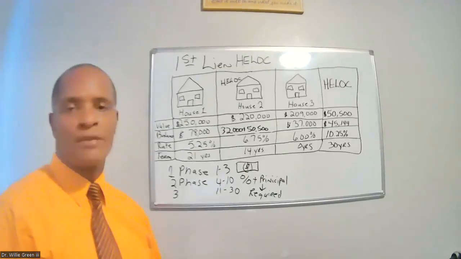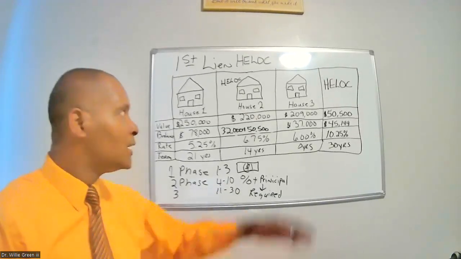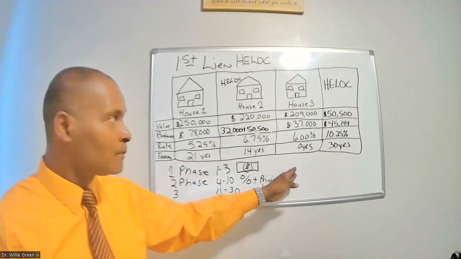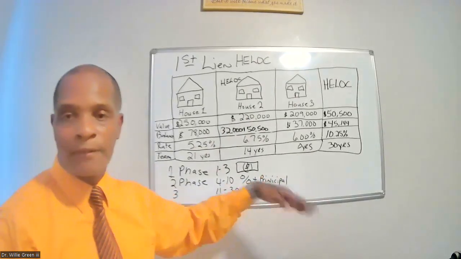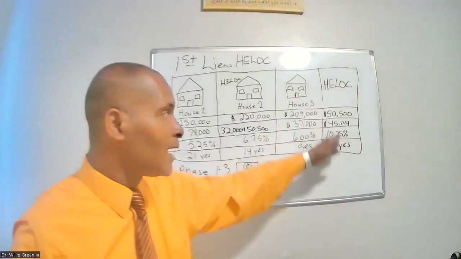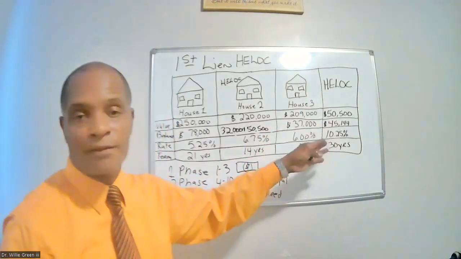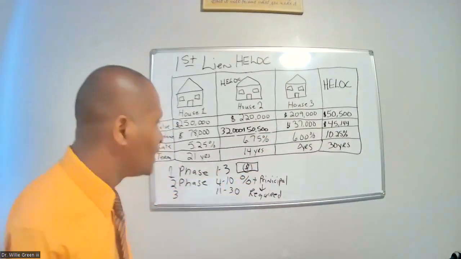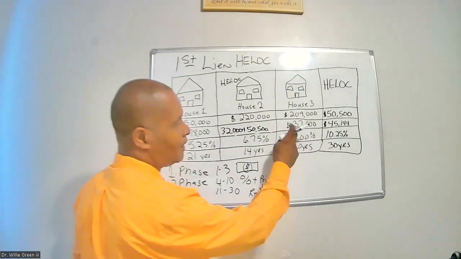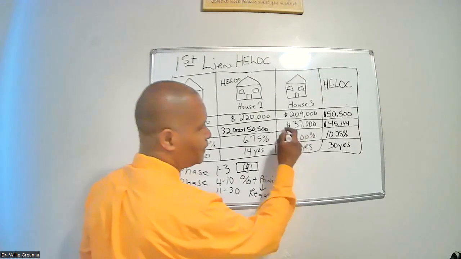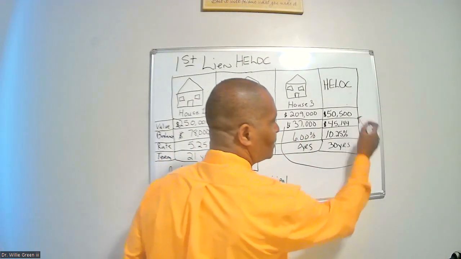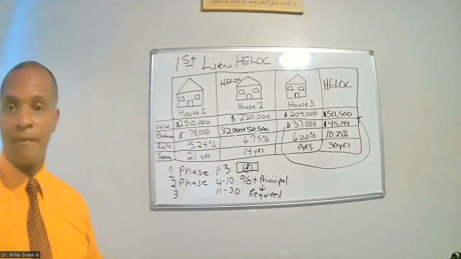So the way I was thinking about it as a first lien, I was able to wipe out this mortgage altogether. I no longer have a principal and interest payment to the bank, but I still have this $50,000 that has to be paid off, and the $37,000 from here is fundamentally inside of the $50,000.